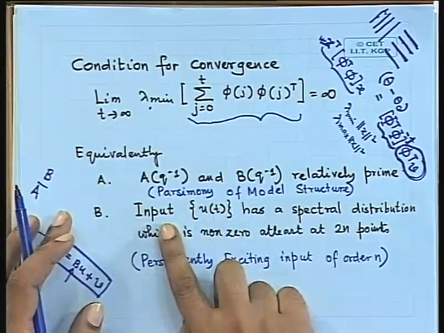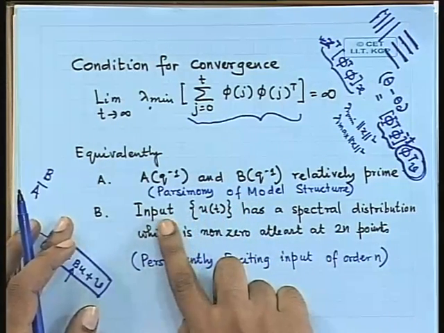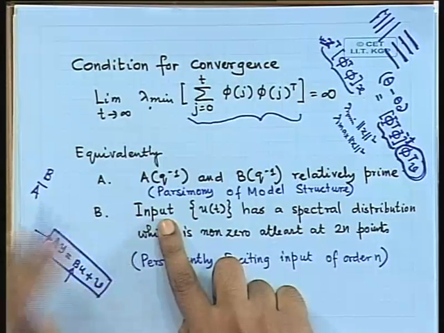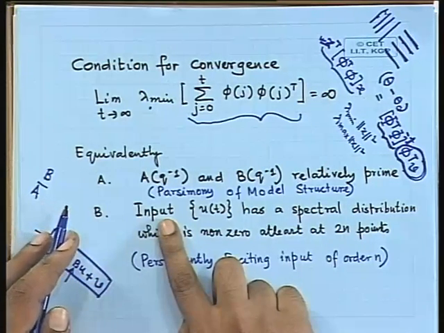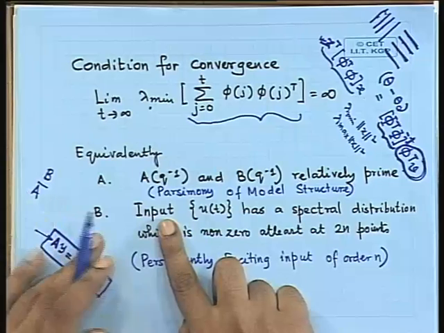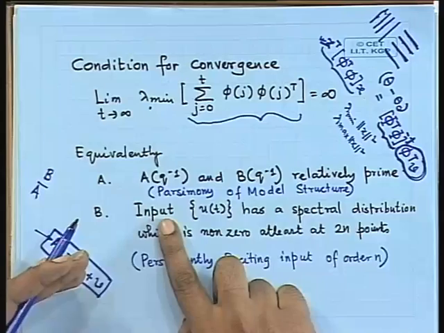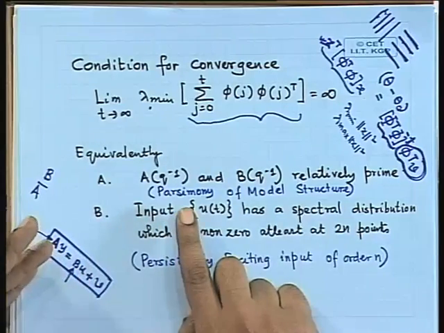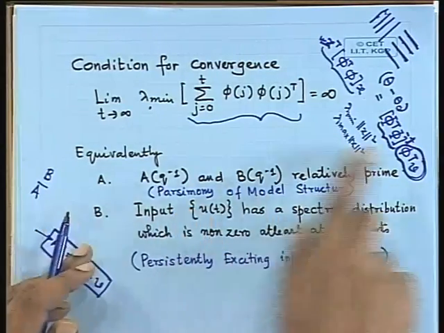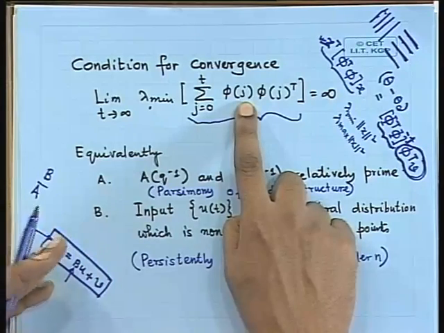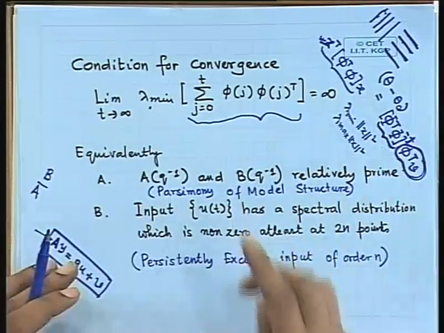The second condition can also be stated in the time domain, but I have deliberately stated the equivalent frequency domain condition because that makes more meaning. The time domain condition is basically a sum of, again, something like this only, so you will not know how to ensure that condition.